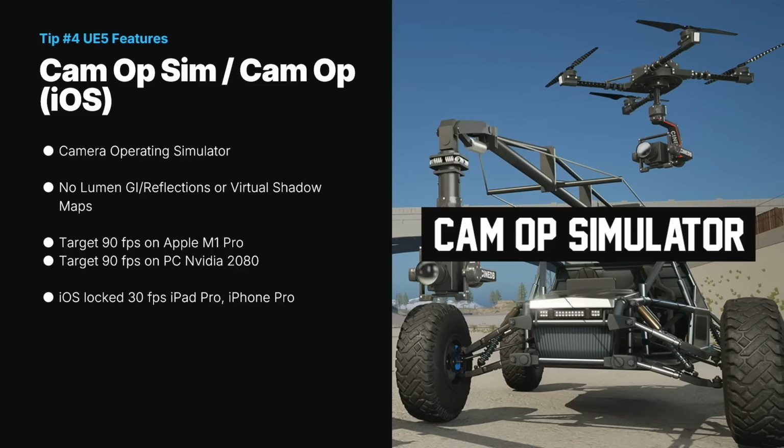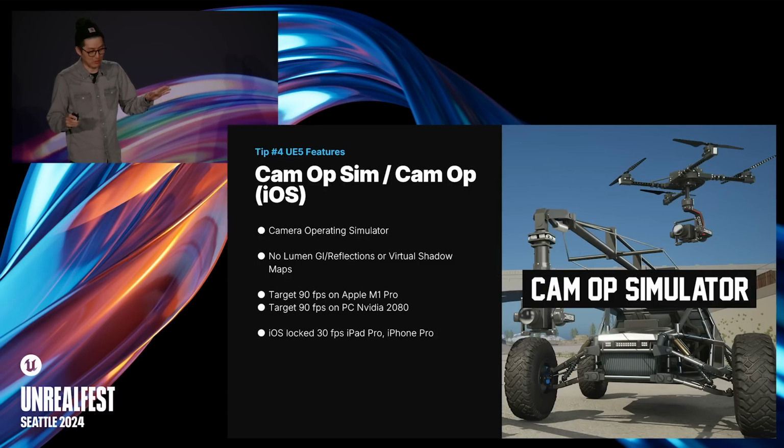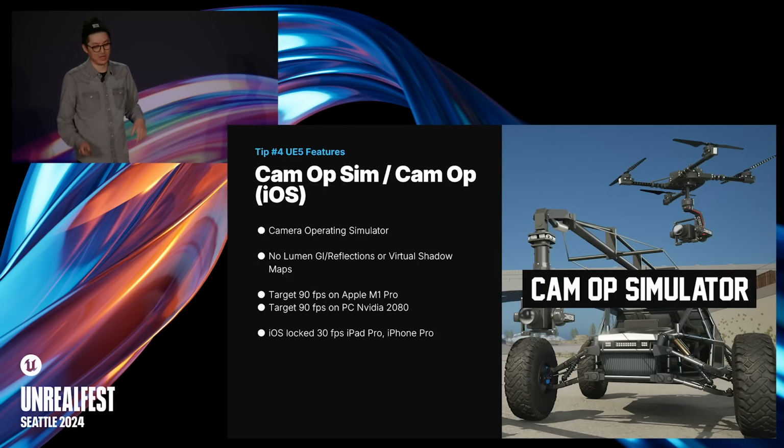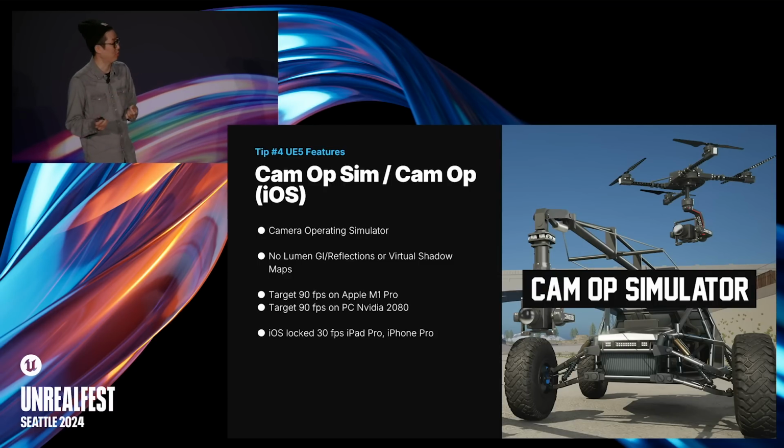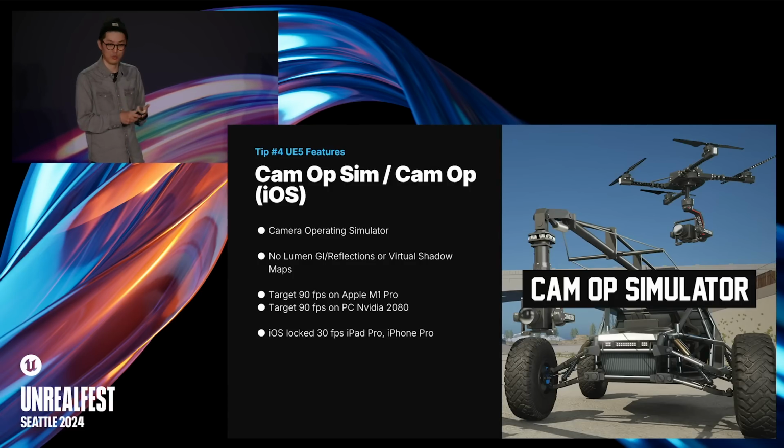But the point being is that the frame rate, the performance, is actually the first most important thing. So in the year, what year is it? We'll just say I only know it by Unreal Engine versions. This is 5.4. I treat this like it's Unreal Engine 4.27 because frame rate is crucial, and you'll see that I'm actually building this for mobile as well. I do not use Lumen GI, don't use reflections, don't use Virtual Shadow Maps.